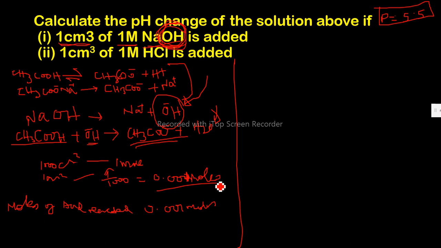Likewise, the moles of salt formed is also 0.001 mole. But now the question wants the change in concentration, not the number of moles formed. We are not interested in the number of moles formed.